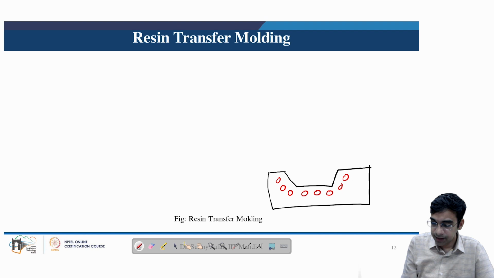So we can say these are the heating arrangement. These are generally electrically controlled, and this is basically the lower mold.